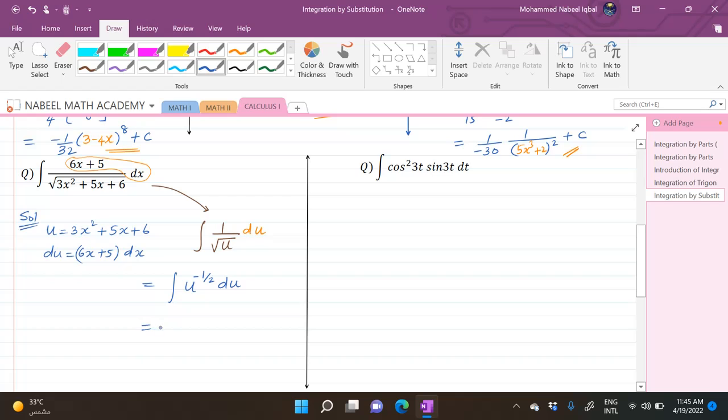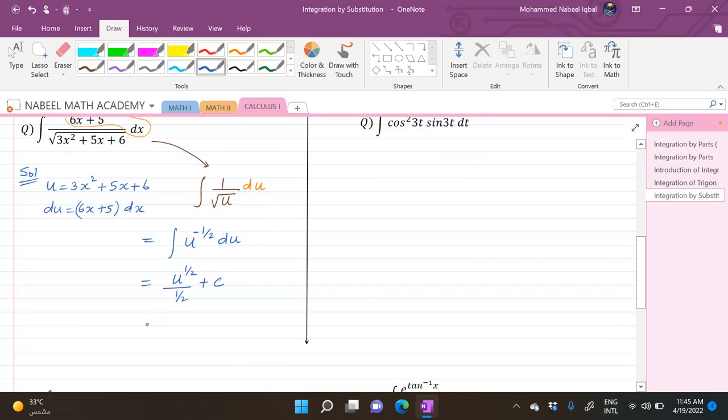Now integration of u to the power half: you add plus 1, you get 1 over 2 over 1 over 2 plus c. If you take the reciprocal, this is 2 root u plus c. But what about the u value? I write one more step here: this is root u plus c.